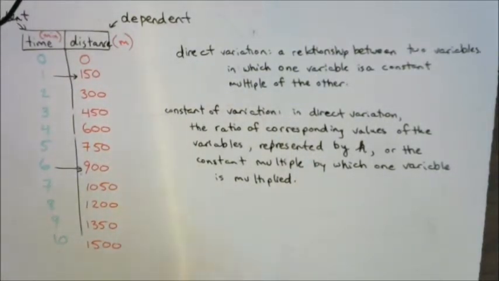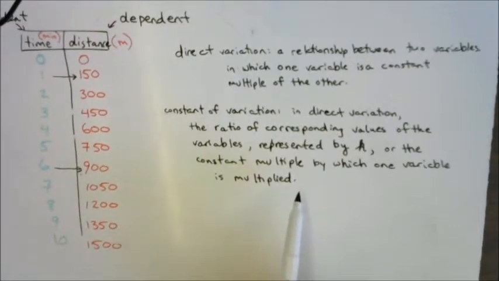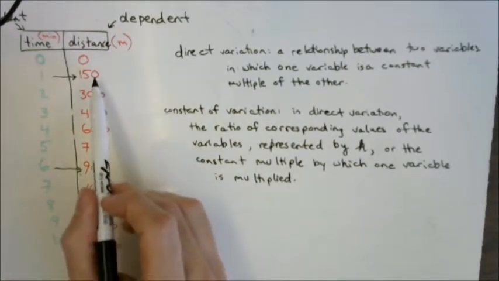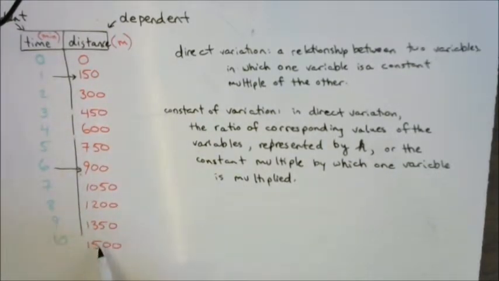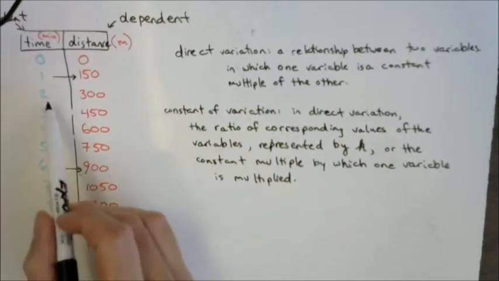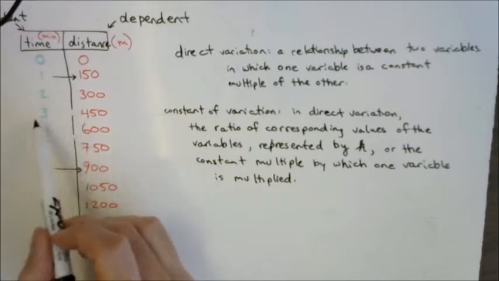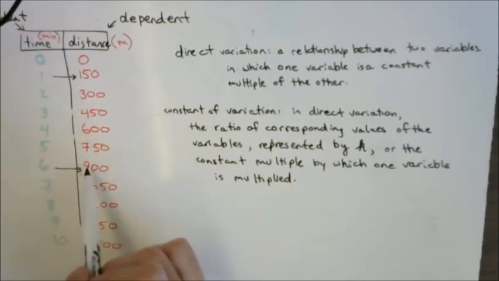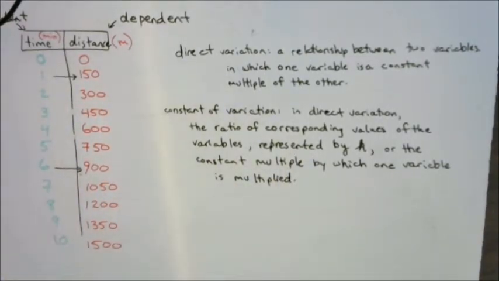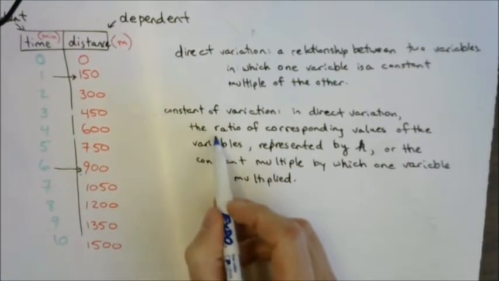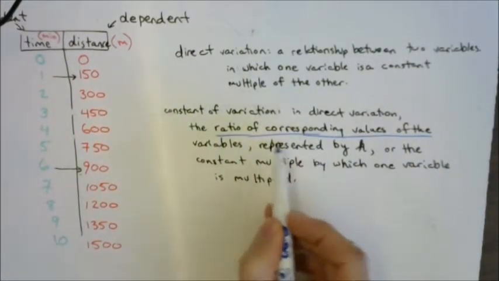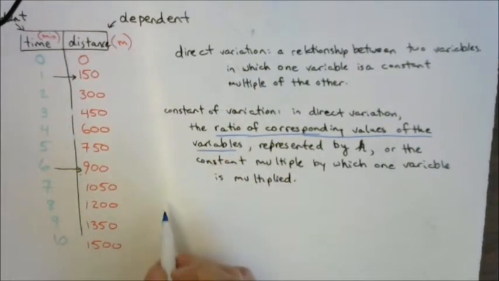Okay. I'm going to explain the second part first because it's a little bit easier. The constant multiple by which one variable is multiplied. If you look in here, the constant multiple by which the variable is multiplied is 150. So in this case, K is 150. Another way to find that is to take the ratio of corresponding values of the variable, which basically just means you're doing this.